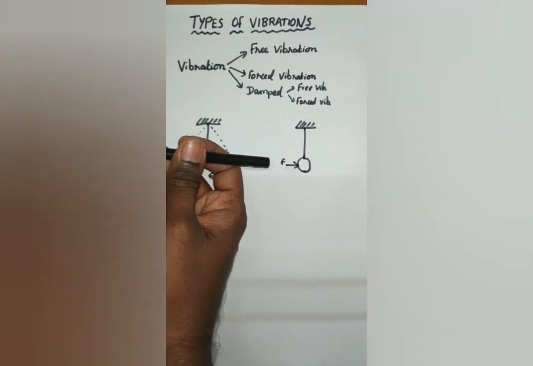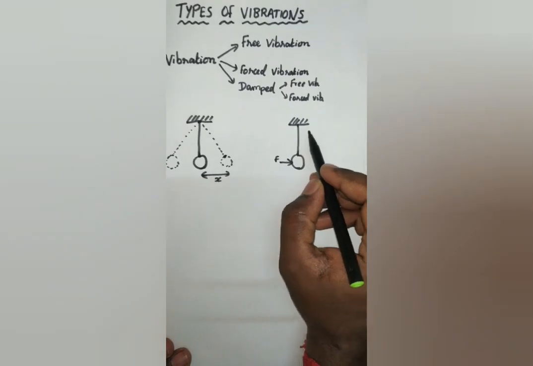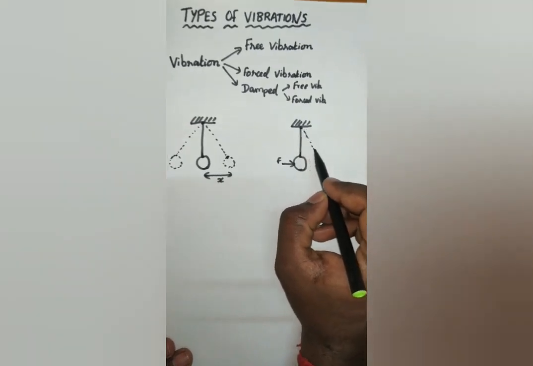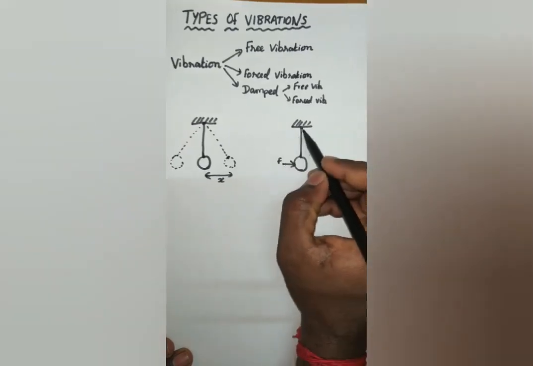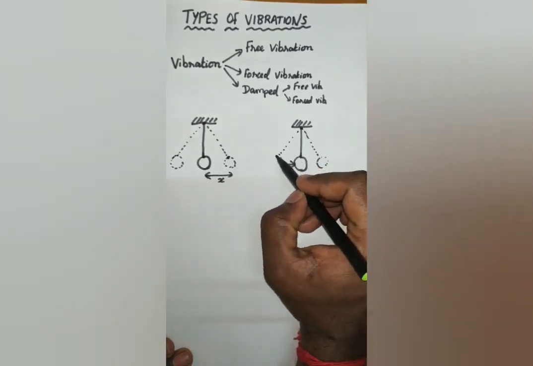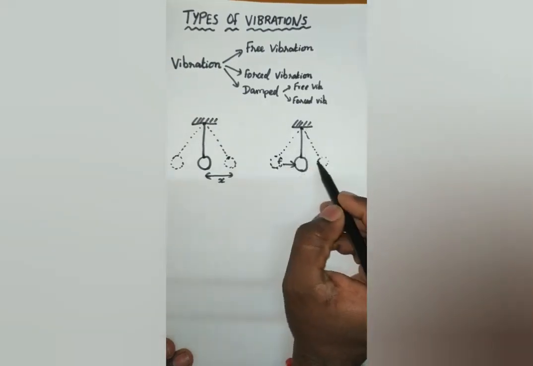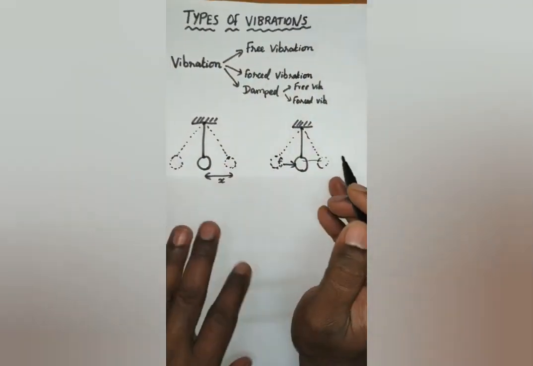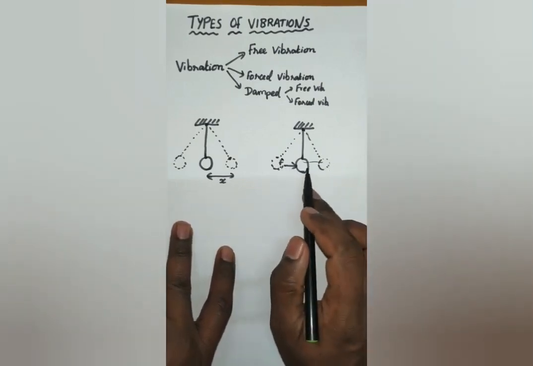Because of this hitting effect, the pendulum will start oscillating to and fro. Because of this force, I'm having a to and fro oscillation or motion, that is called forced vibration.